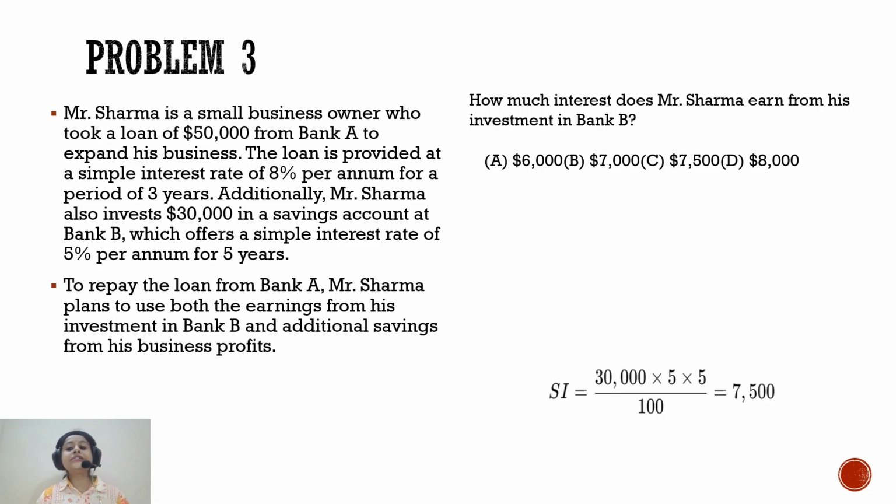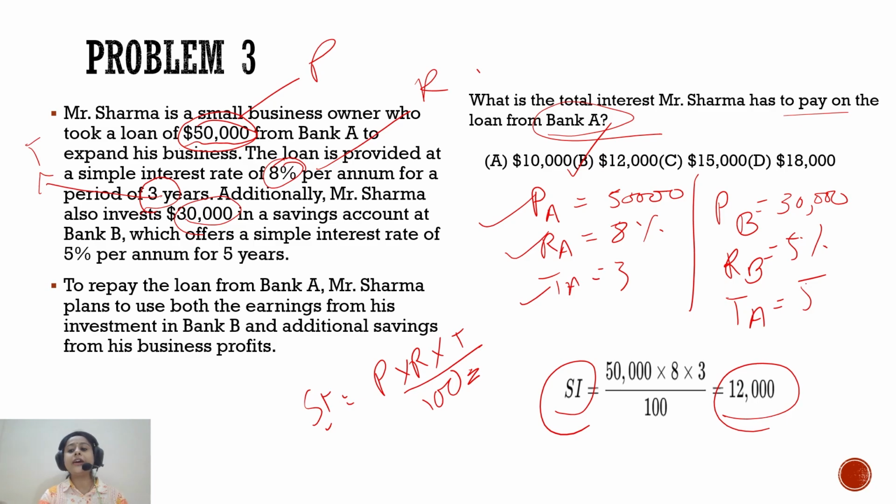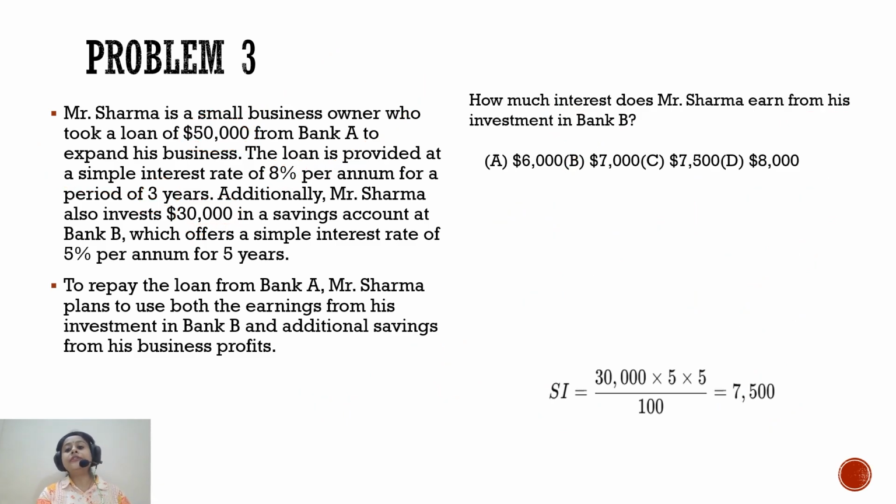How much interest does Mr. Sharma earn from his investment in bank B? So same data we'll be using, where principal amount is 30,000, interest rate is 5%, and duration is 5 years, not 3 years. So same formula we will apply, that is P is 30,000, because now the interest amount of bank B, how much interest he has gained, is asked.